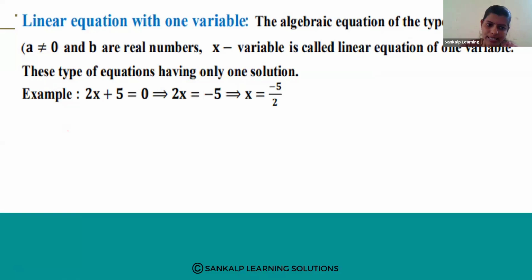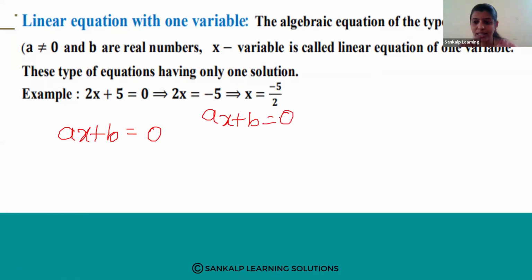See, for example, this is ax plus b equal to 0. In case of polynomial, we do not write ax plus b equal to 0. So only ax plus b, this is the standard form of linear polynomial.